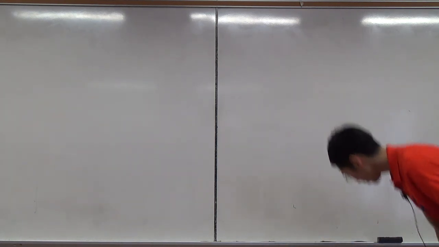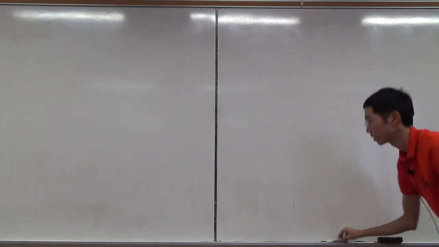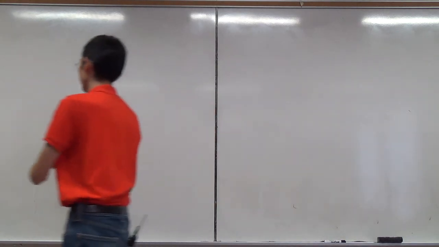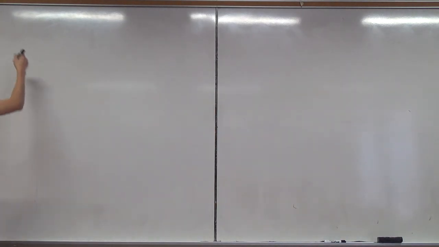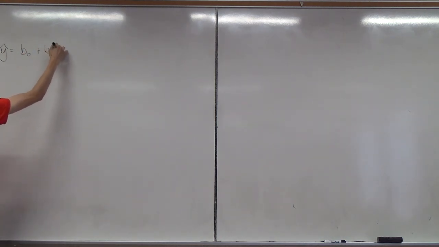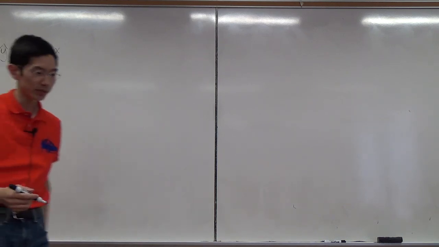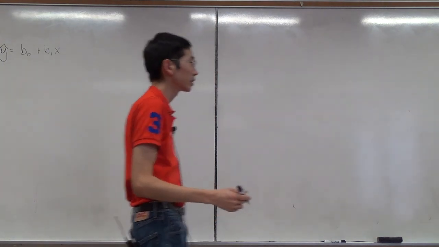On Monday we left off just talking about creating your regression line. The regression line will end up in the form y hat is equal to b0 plus b1x. You plug in x, and then it spits out a y hat.